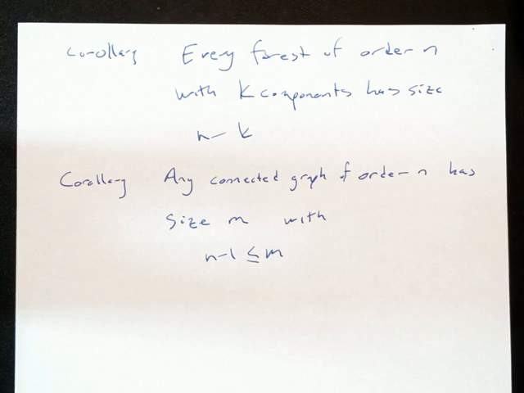So here's my question. Probability and stats people, how many pairs of vertices are there? N choose 2, and we have a formula for that. What's n choose 2?